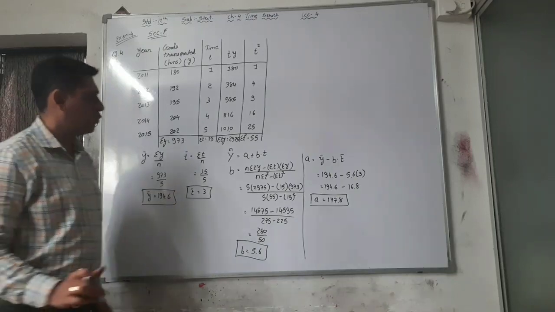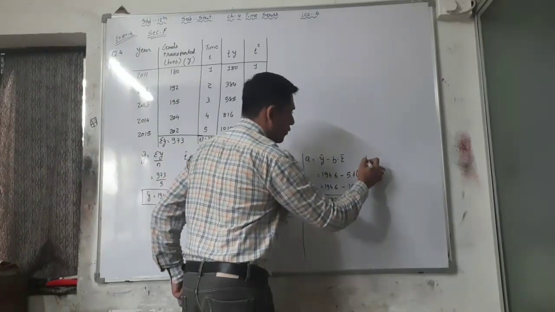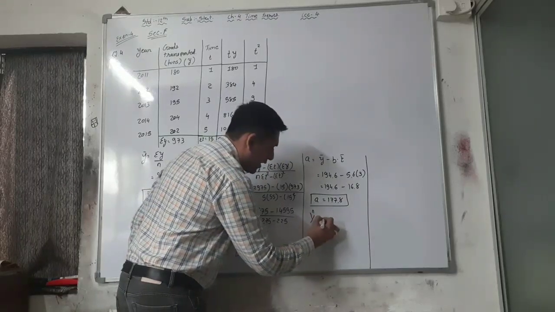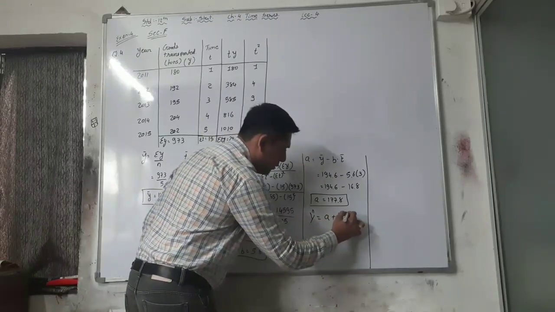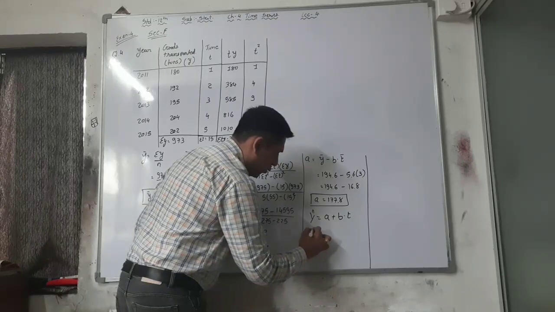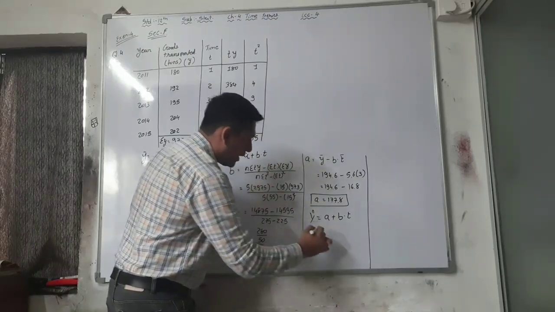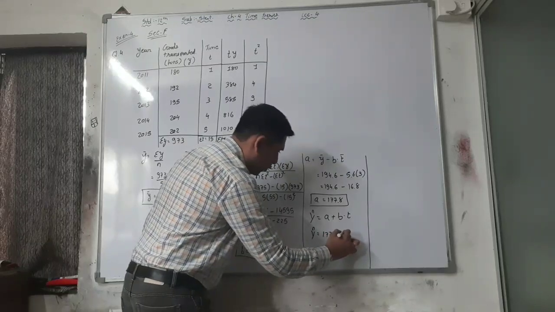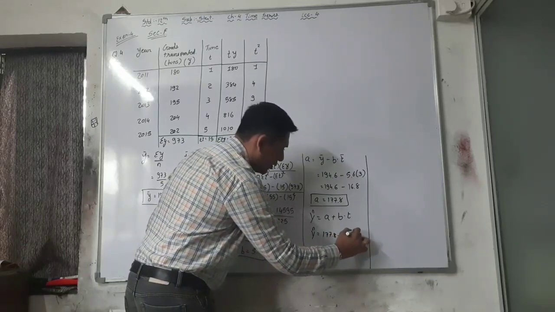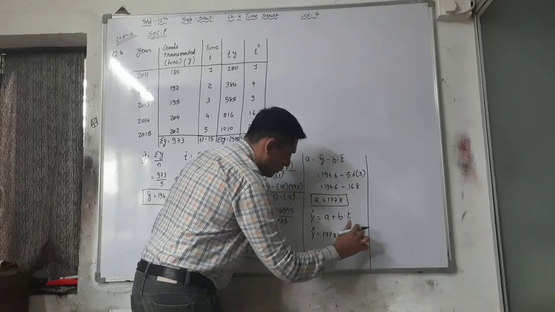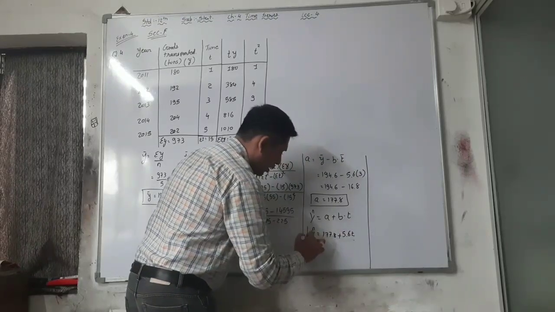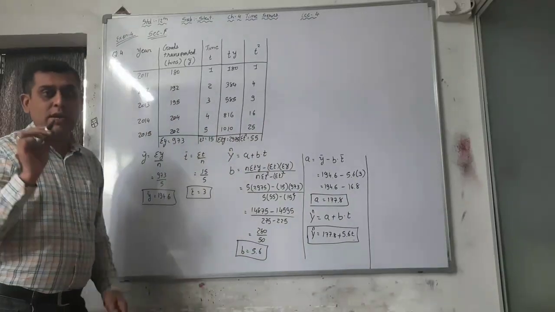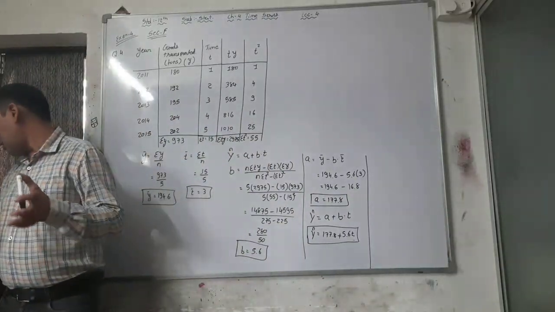Okay, now first of all we are putting the values into the equation. Y cap is equal to a plus bt. That's why y cap is equal to a, which is 177.8, plus b, which is 5.6 t. Here your equation is ready. But the main question, read the question again.